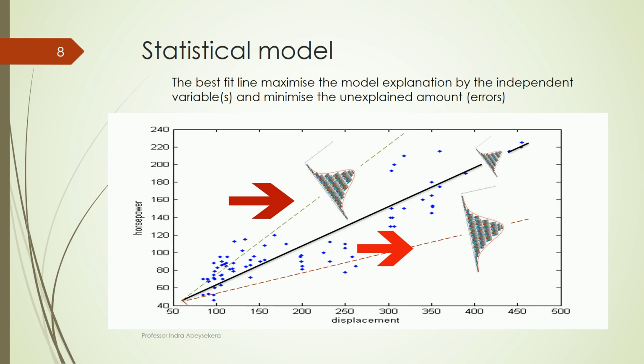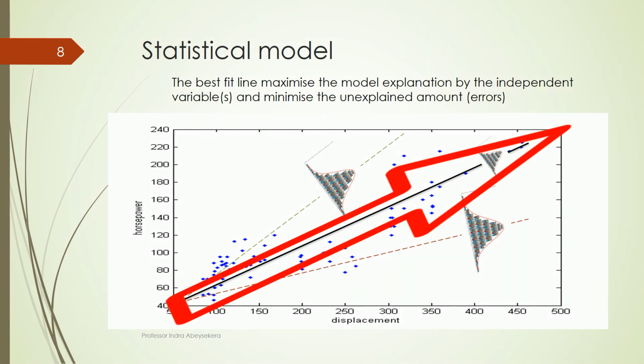The best fit line is where we minimize the unexplained amount and maximize the explained amount by minimizing the distance of outcomes from the best fit line.